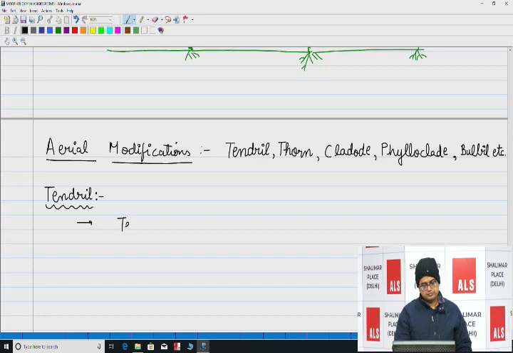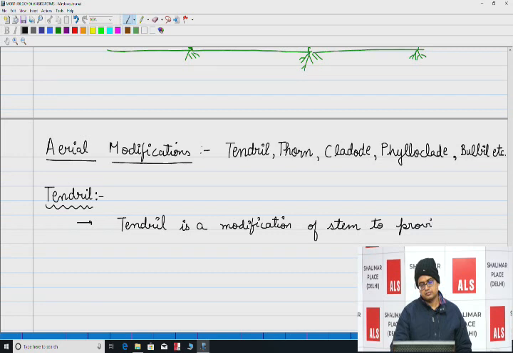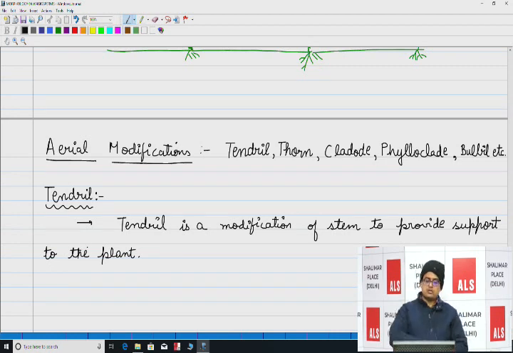Tendril is a modification of stem to provide support to the plant.